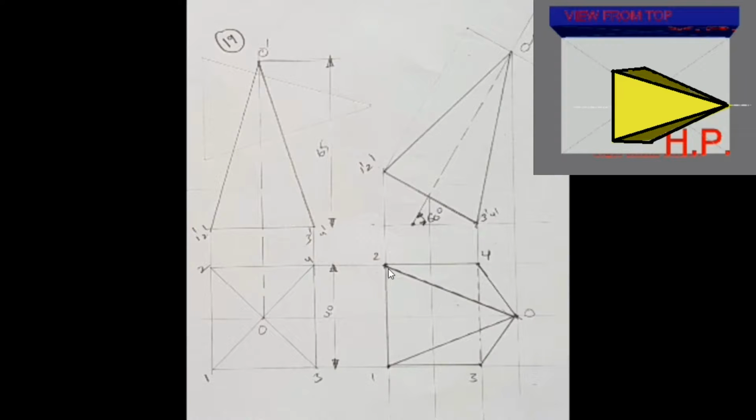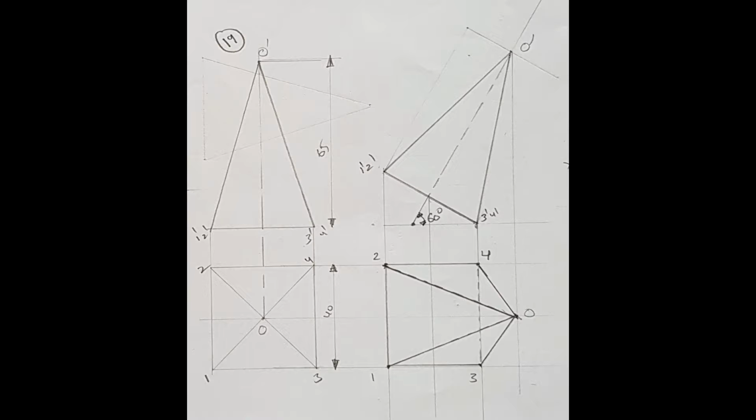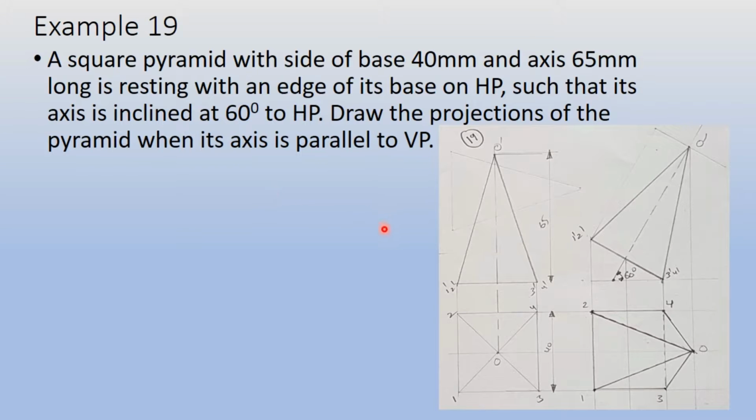I have darkened these edges because this face is visible from the top view, and also this portion is in hidden lines because this edge is not visible. This is the final solution of your example number 19, which we have already seen.